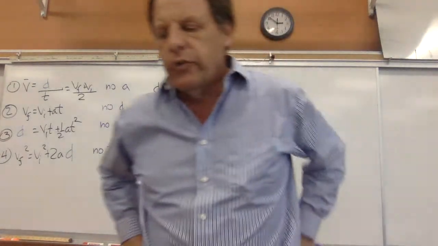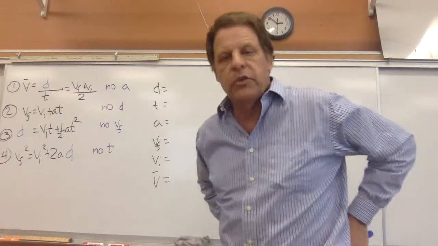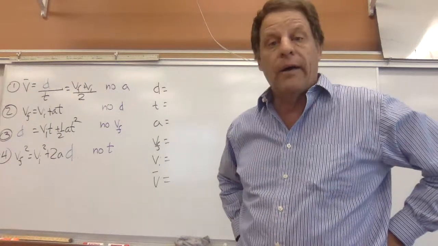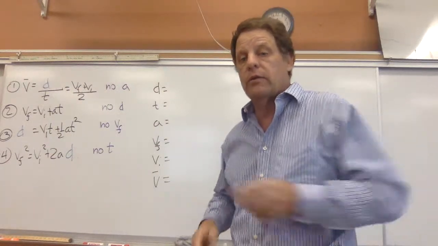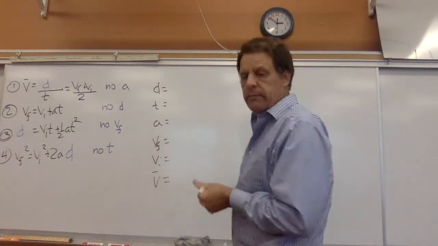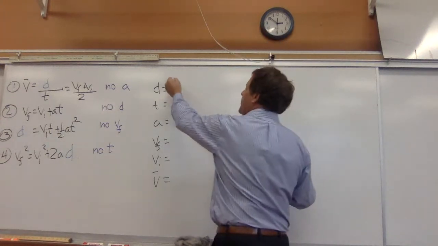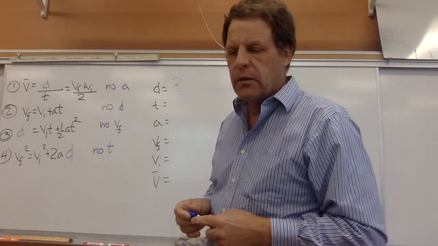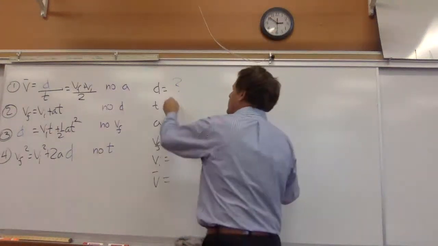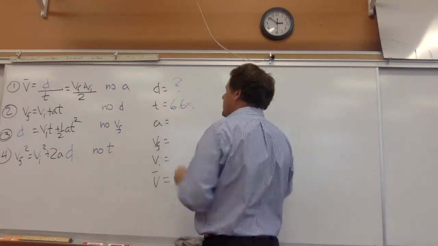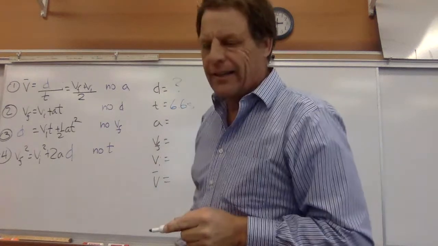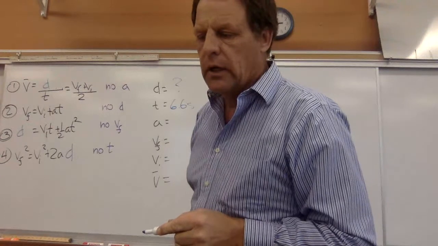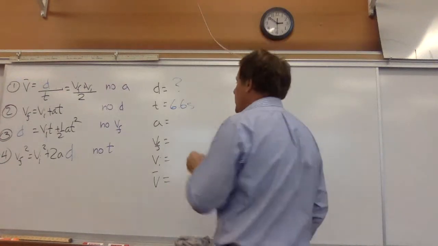All right, so it says a motorcycle accelerates from rest to 25 meters per second in 6.6 seconds. And we want to know how far the motorcycle went, okay? So we have our distance. That's what we're looking for. Our time is 6.6 seconds. Our acceleration, we do not know.